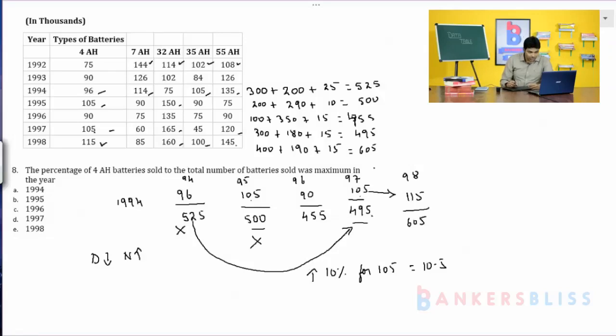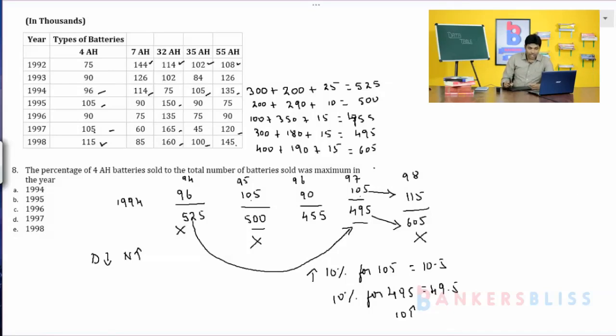But the difference between the denominators is almost 100. If you take 10% of 495, you get 49.5, but the increase is 100, which means more than 10%. Means what? The denominator increasing rate is more than the numerator increasing rate, so the resultant fraction will be less. So this cannot be the answer.